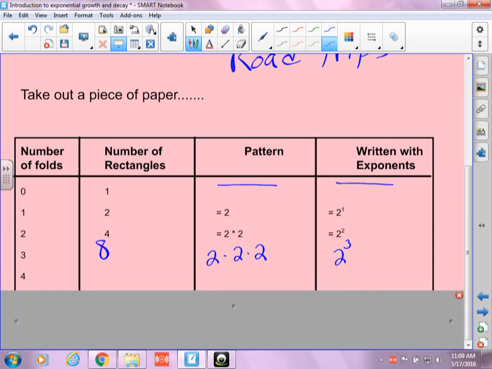All right? Take your paper again. Fold it again. Make a nice strong crease. Open it up. How many rectangles? I have 16, which is 2 times 2 times 2 times 2, or 2 to the 4th power.